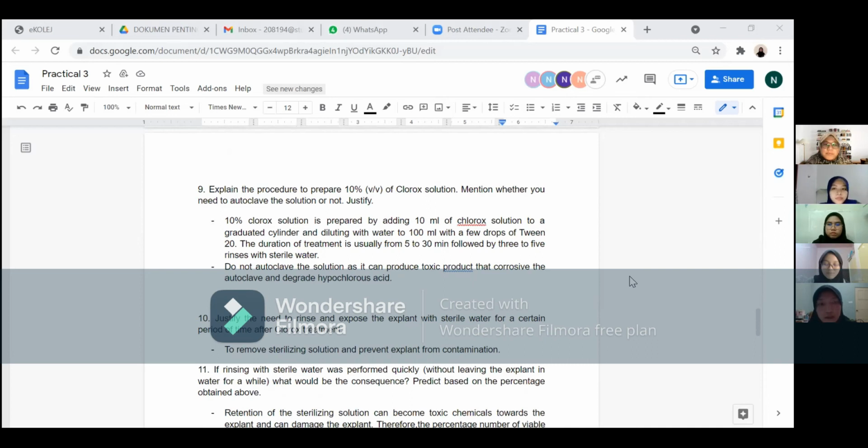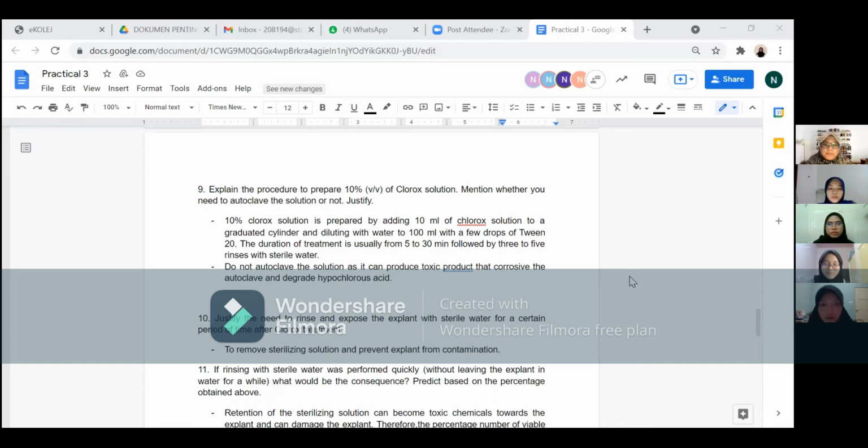10% Clorox solution is prepared by adding 10 ml of Clorox solution to a graduated cylinder and then diluting with water to 100 ml with a few drops of Tween 20. The duration of treatment is usually from 5 to 30 minutes, followed by 3 to 5 rinses with sterile water.